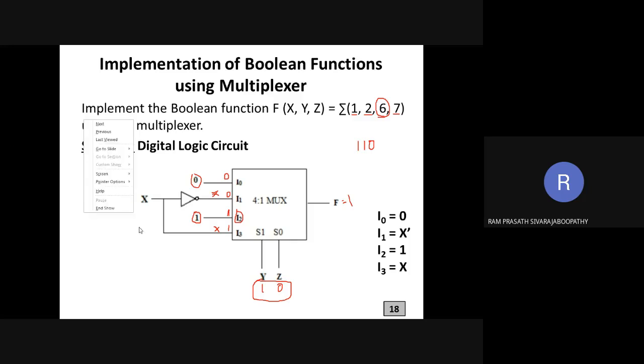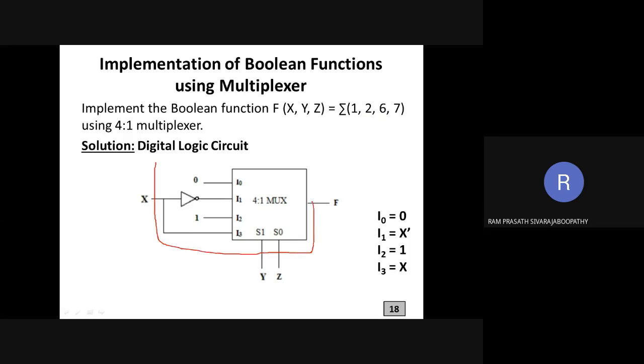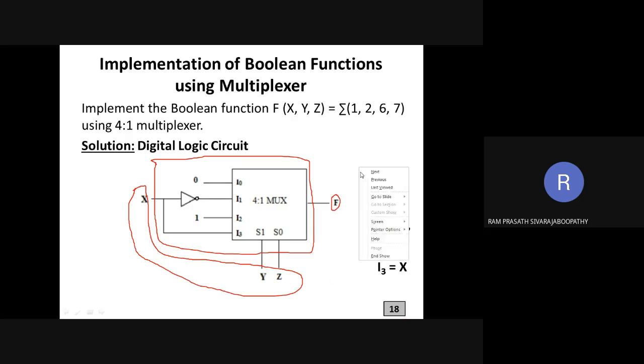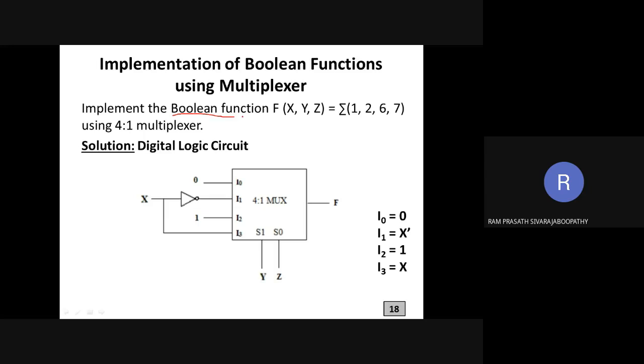Fine. So now this entire thing, இதுல என்னோட இன்புட்ஸ் என்னென்ன? x, y, z are the 3 inputs. We'll be having the output function as f. So using multiplexer, you can implement any Boolean function.